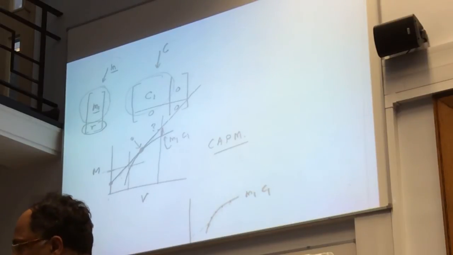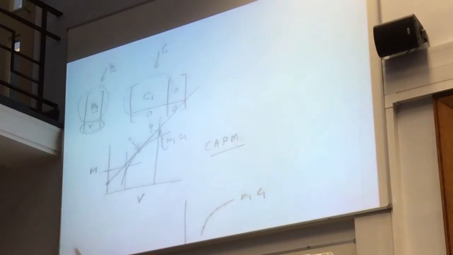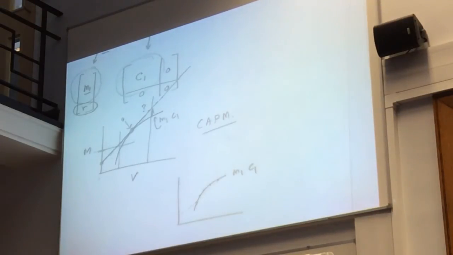So where we are now is we learned some basic principles of optimizing and deriving this sort of thing. We looked at this idea that came in from 1952, Markowitz's portfolio theory.